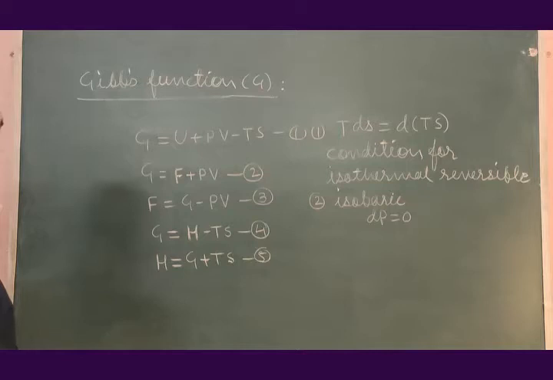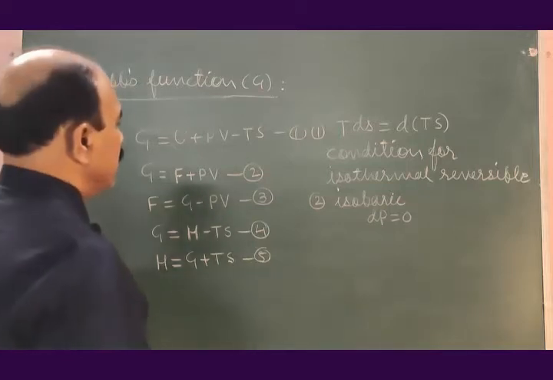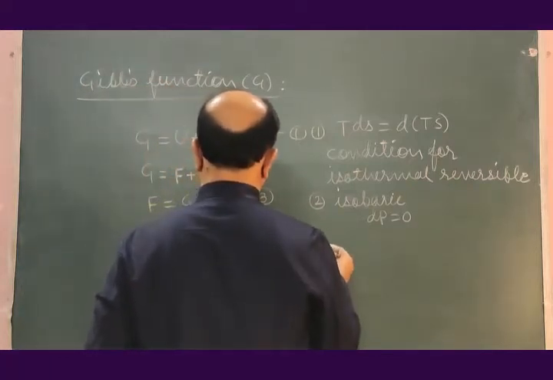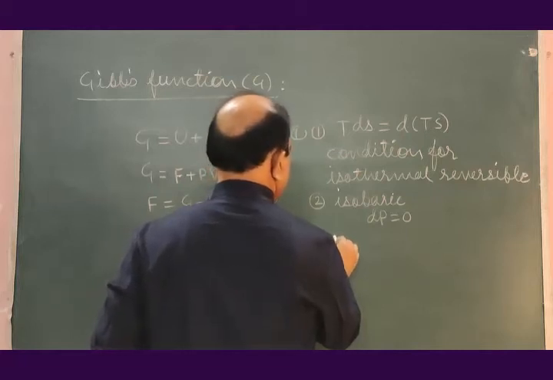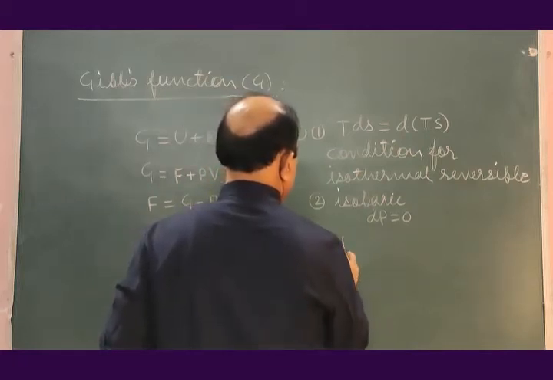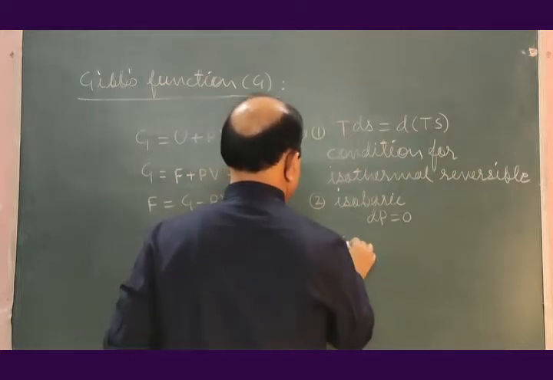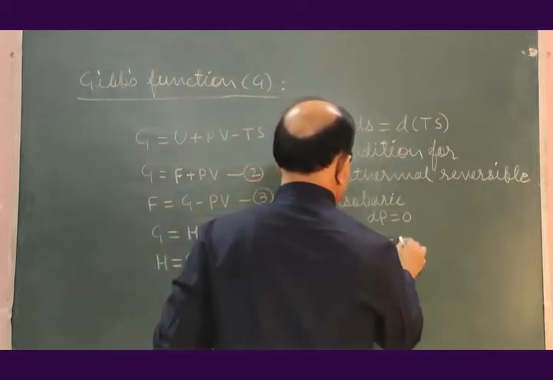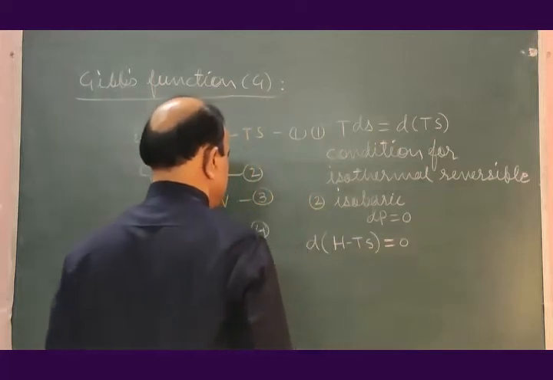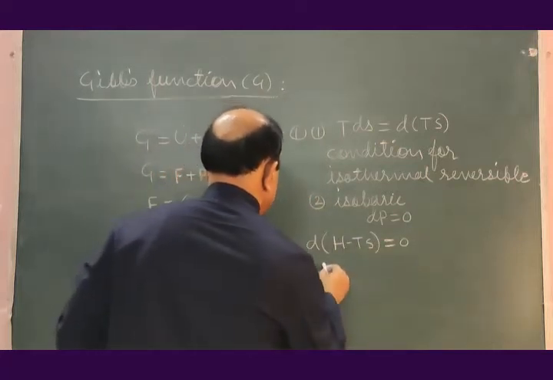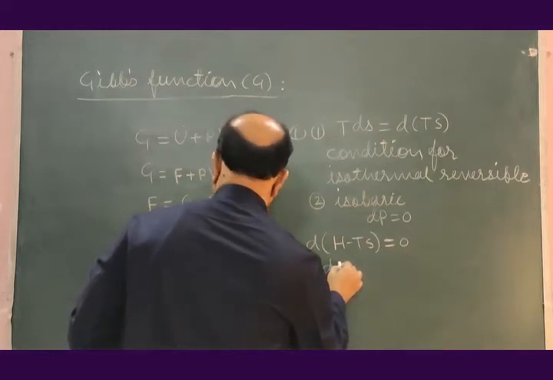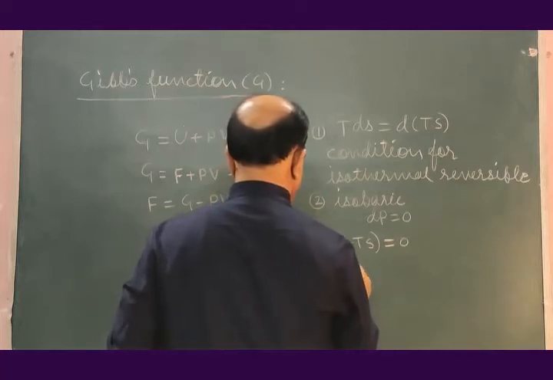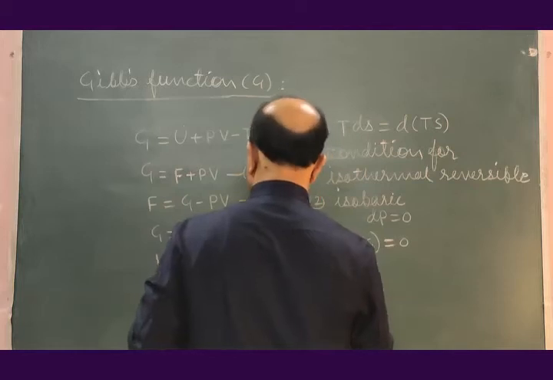Okay, and then we may write d of H minus Ts is equal to 0, or this is nothing but dG is equal to 0.